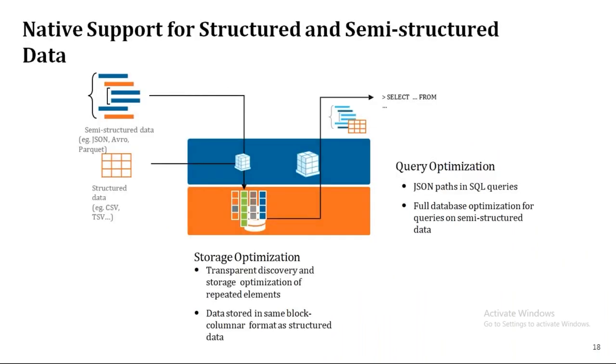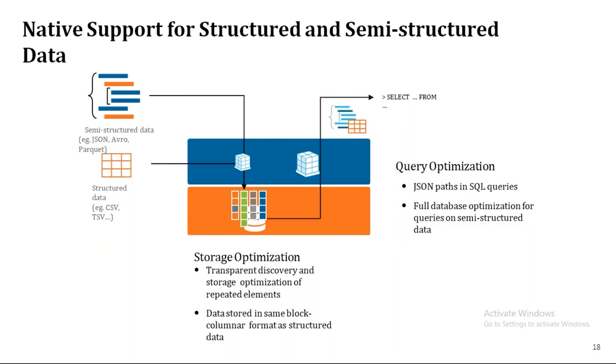And what types of file formats does it support? It supports structured data, that is CSV files, TSV files, .txt files, .dat files, and any kind of structured files. It can take the data from those structured files.